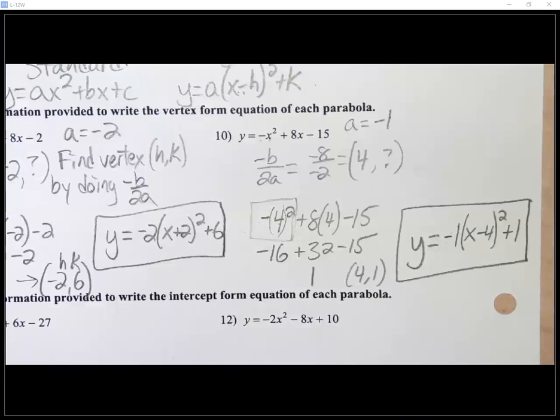Okay, by the way, you know what's not on here, but let me just ask you this in general. What if I wanted to go the other way? What if I had something that was in vertex form and I wanted to go to standard form?